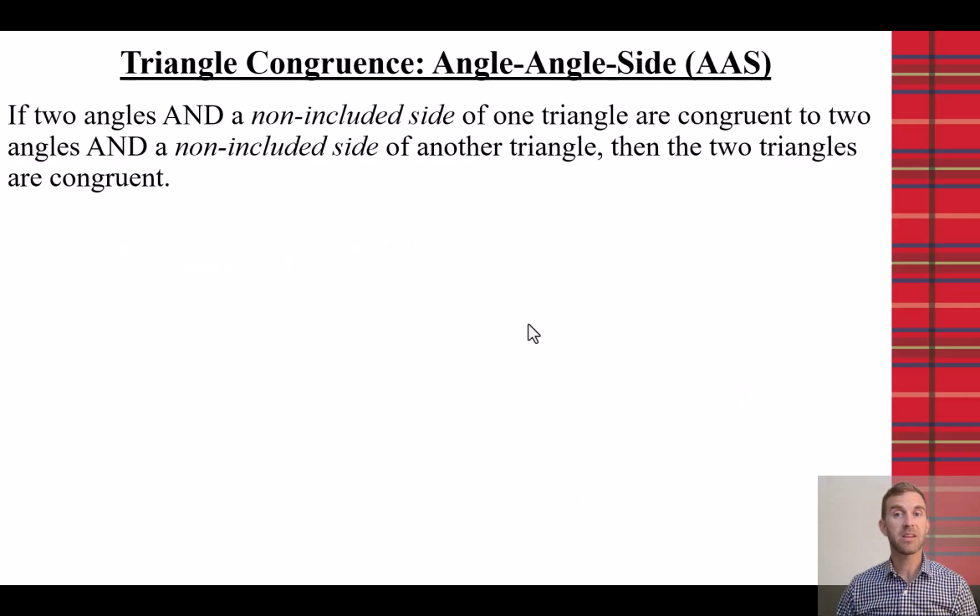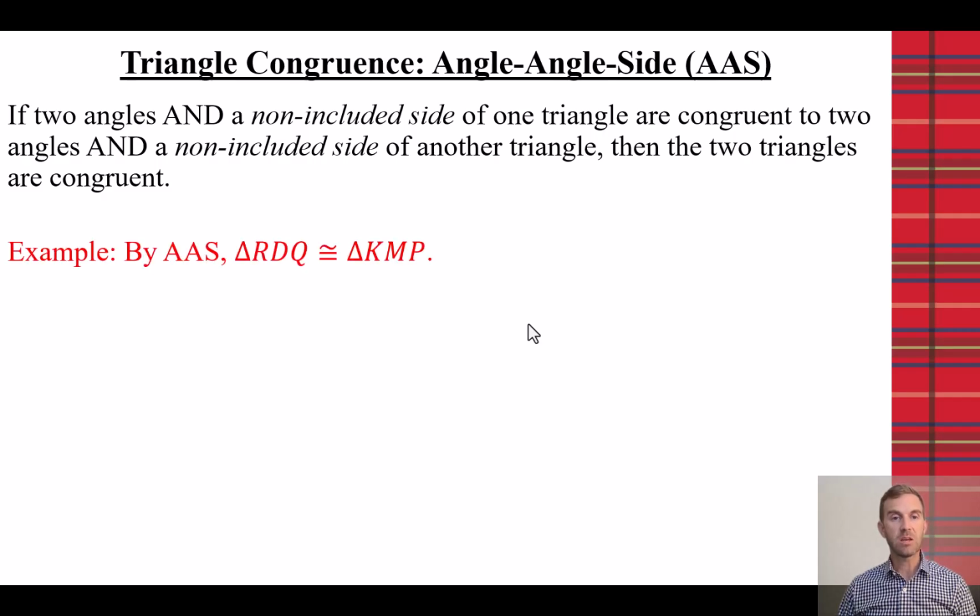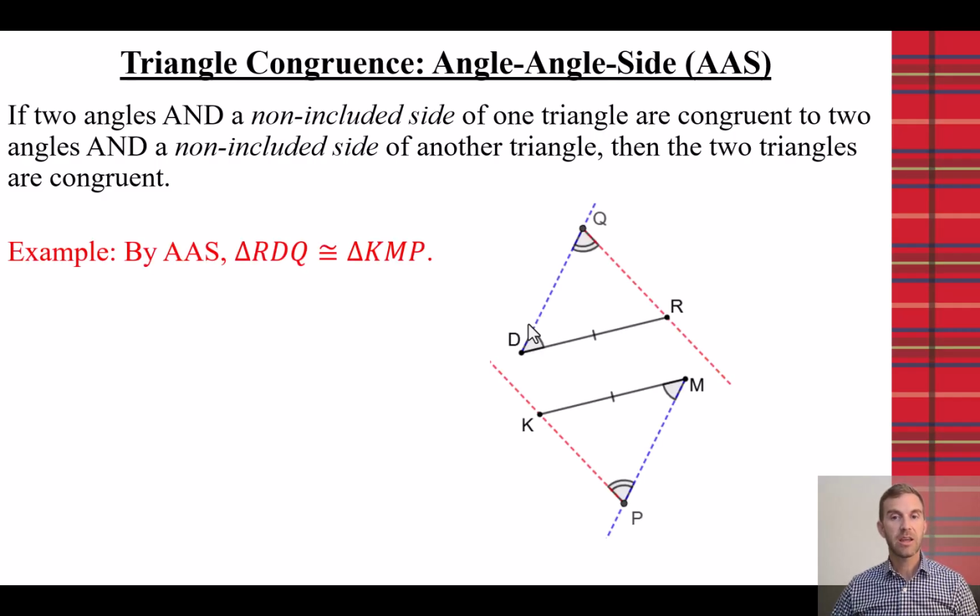And the fourth method is angle, angle, side. Here we have two corresponding sets of congruent angles, and then one of the two non-included sides is marked as congruent as well. So if we look at this image, here we have side DR and side MK that are congruent to each other, and we can see we have these other two angles that are marked as congruent.